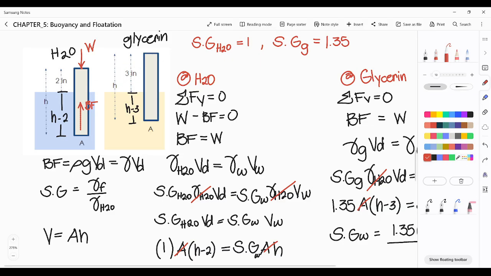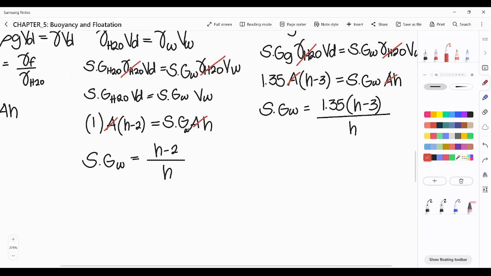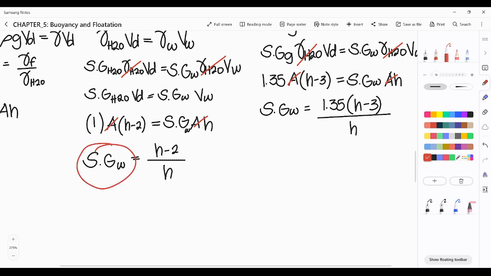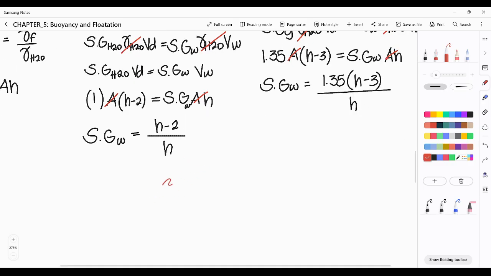And from that equation, pwede nating i-equate yung specific gravity of wood, itong dalawa, kasi same lang sila dapat, because we used the same block. Now, equating the specific gravity of wood, equate lang natin silang dalawa.